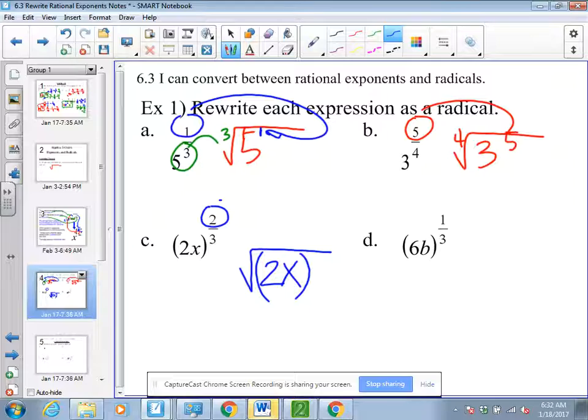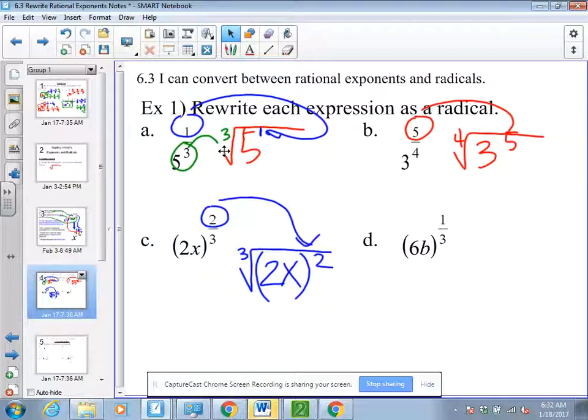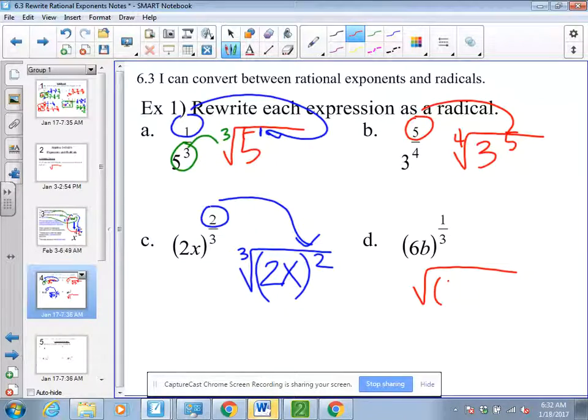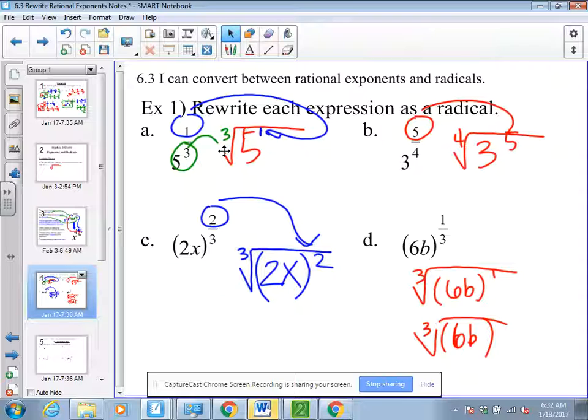My numerator goes to my exponent. My denominator to my index. So number 4 will look like this. Or you could not even have the 1. Just call it the cubed root of 6b. Because we know that anything to the first does not need to be written that way.